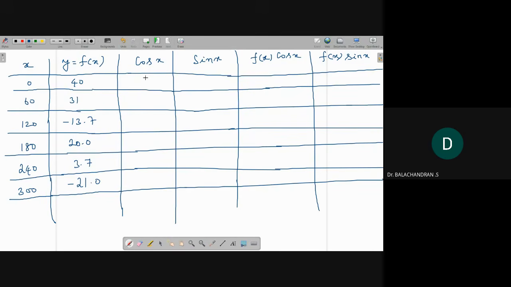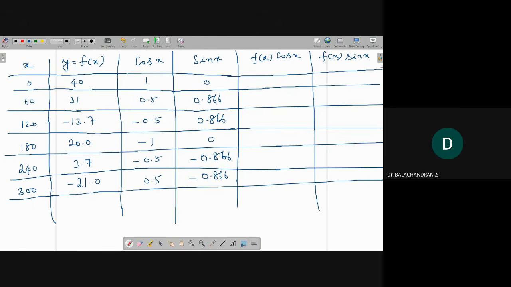So here cos 0 is 1, cos 60 is 0.5, cos 120 is minus half, okay, cos pi is minus 1, cos 240 is minus 0.5, cos 300 is 0.5, half. Sin x: sin 0, sin 60 is 0.866, sin 120 is 0.866, sin 180 is 0, sin 240 is minus 0.866, sin 300 is minus 0.866.